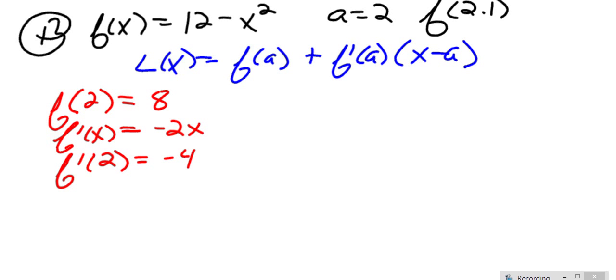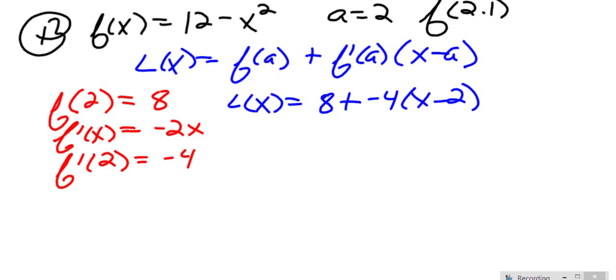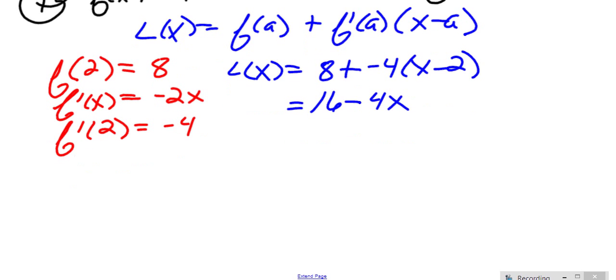So I'm going to plug all my info into this linear approximation. If I simplify this expression, I should end up with 16 minus 4x. For part B, where it says to graph the function and the linear approximation, you could just quickly sketch both of them.